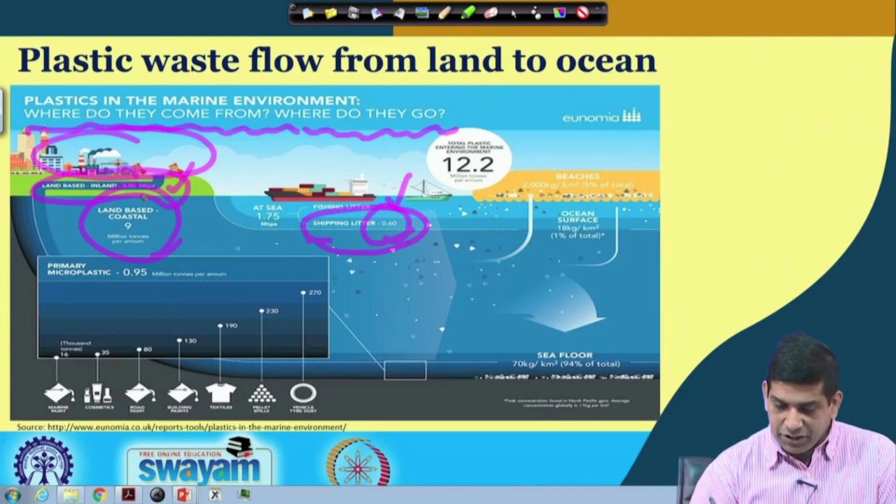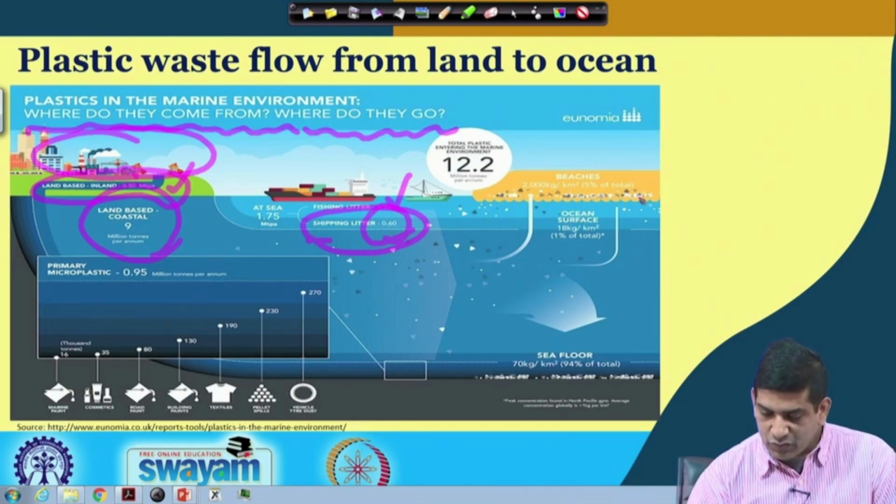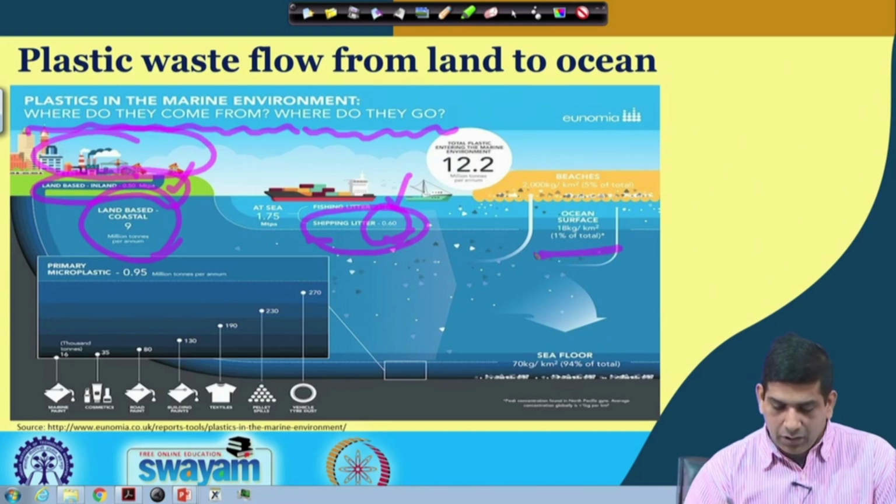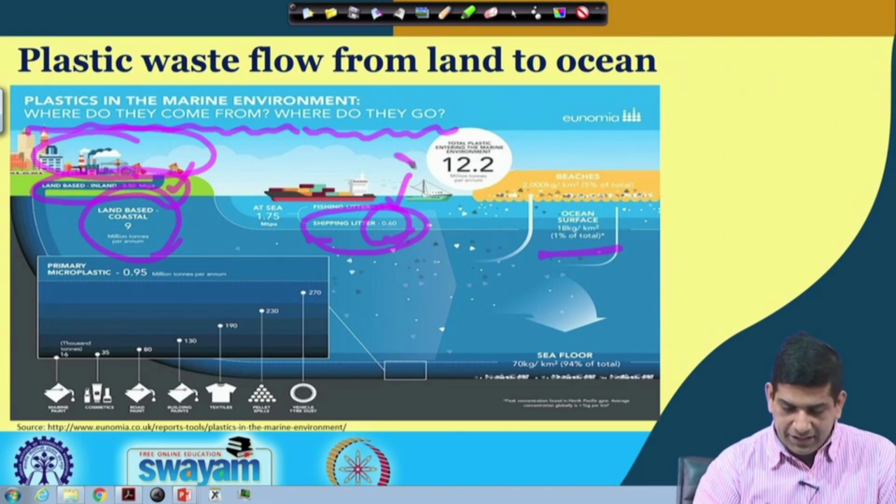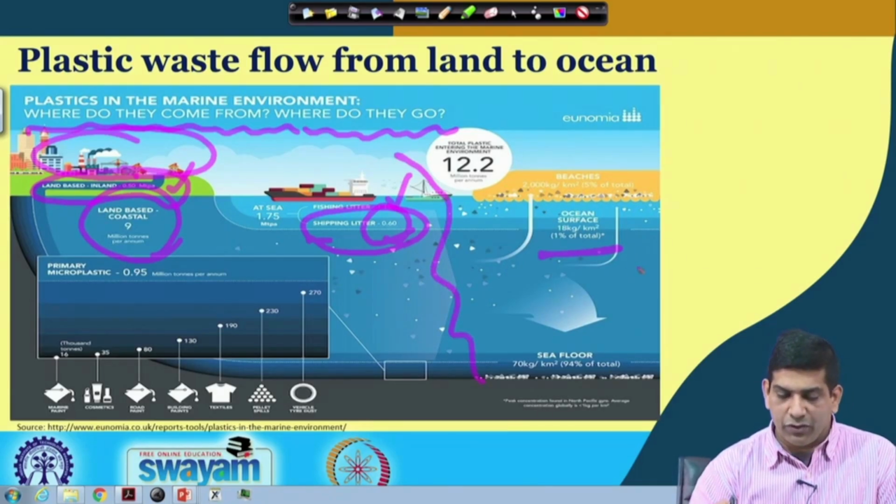Then you have some beaches. How much do we have in total on beaches? We are getting a lot of stuff, around 2000 kg per square kilometer, like 5% of the total. Then we have the ocean surface, which is around 18 kg per square kilometer, 1% of the total. That is what the concentrations are. So this side is the concentration, where they go.